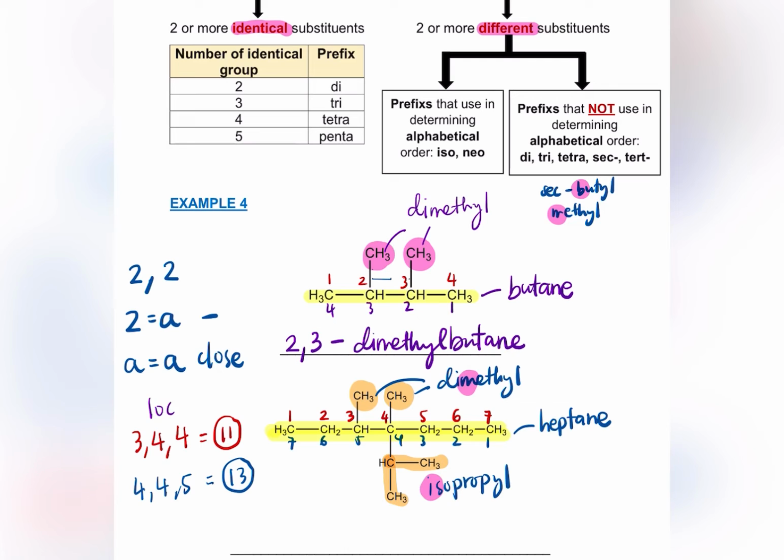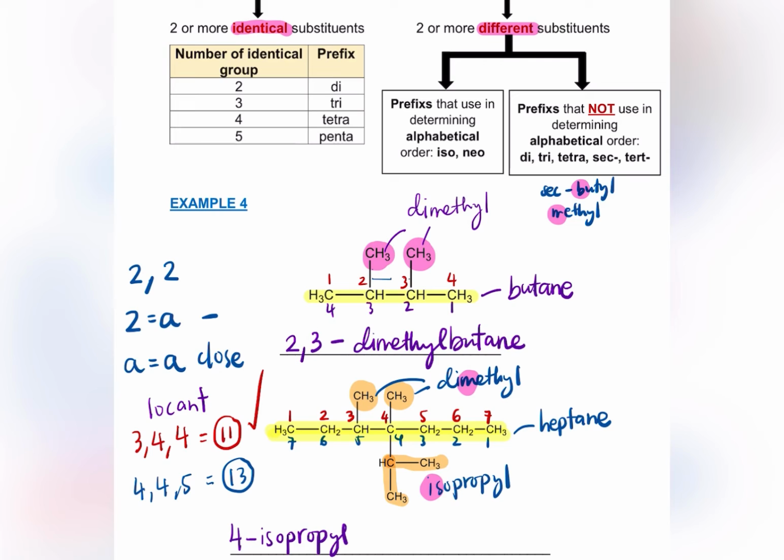So this is what we call locants. So which locants is the lowest one? It will be 11, which is in the red color. So this is the numbering that I'm going to take based on my substituents. I'm going to start with isopropyl first because I is before M. So isopropyl is at position carbon number 4 in the red color. So my naming will be 4-isopropyl.